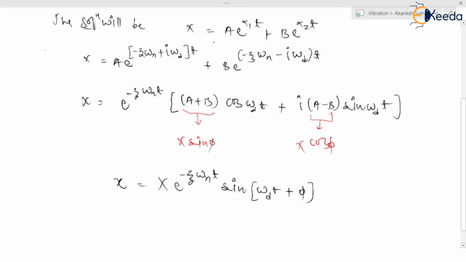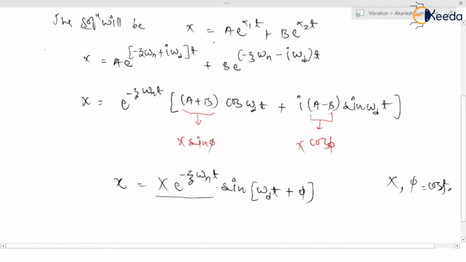So this is the mathematical calculation, nothing else, where capital X and phi are constants. This is the magnitude, multiplied by sine of omega d t plus phi.